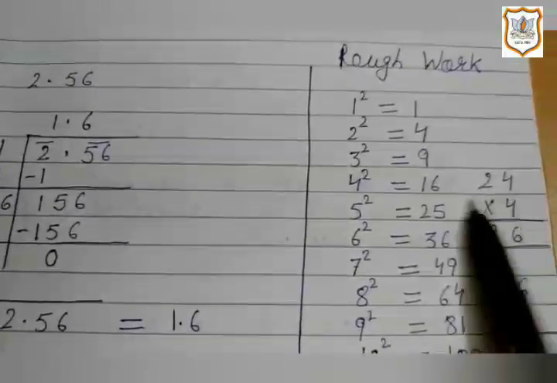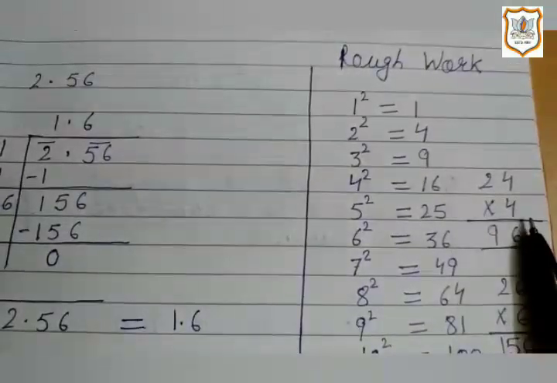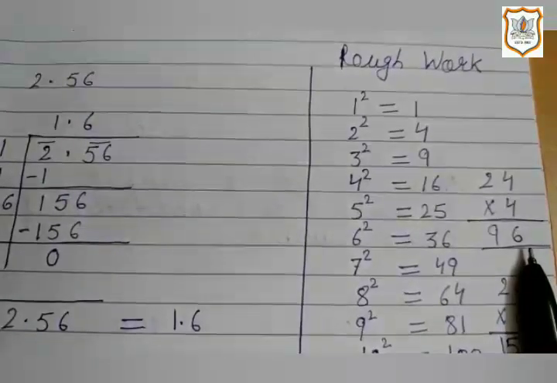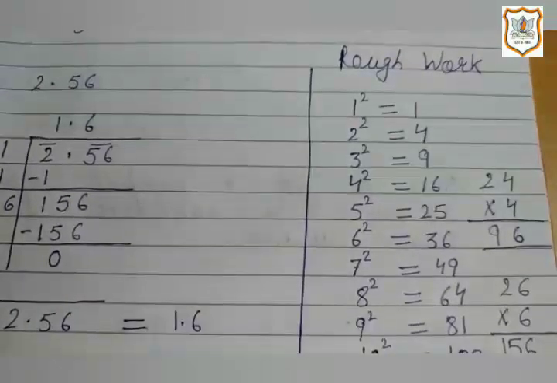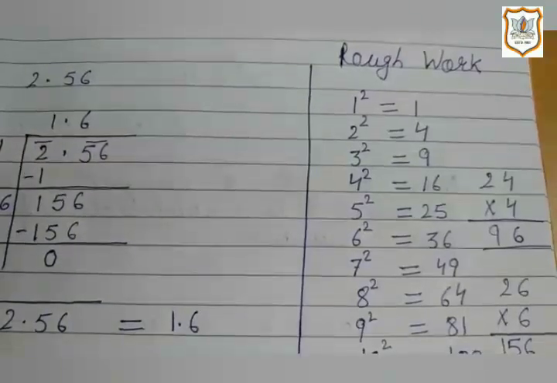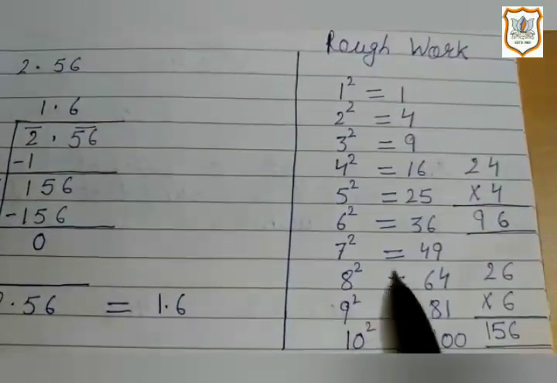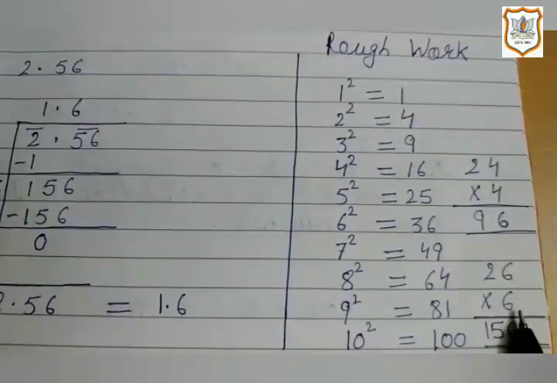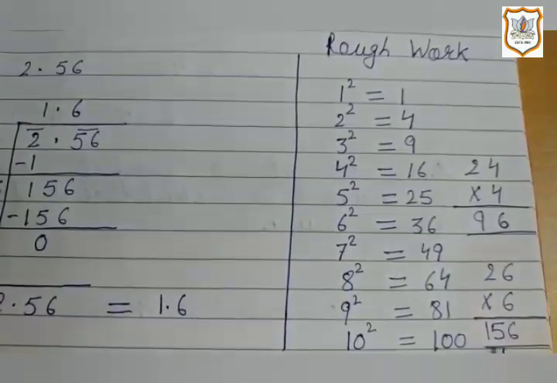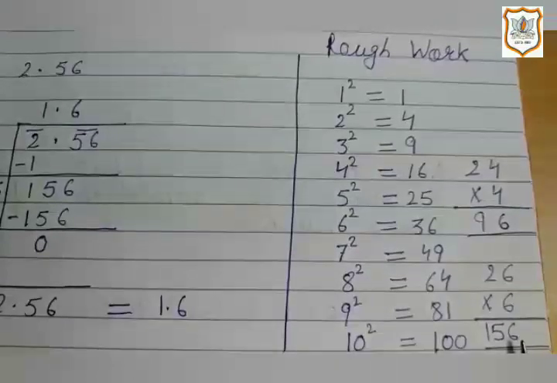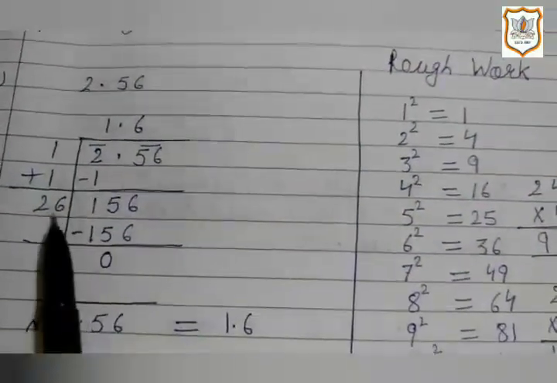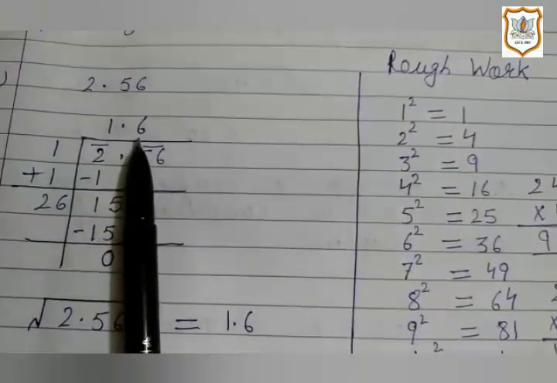When we multiply 24 with 4 we get 96, but we want 156. So we check with the next number, 6. When we multiply 26 with 6 we get 156. So we write 156 here and 6 here.